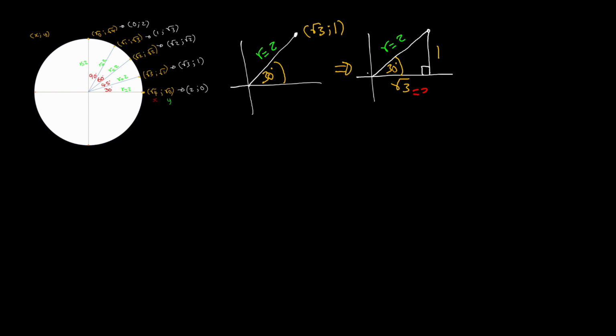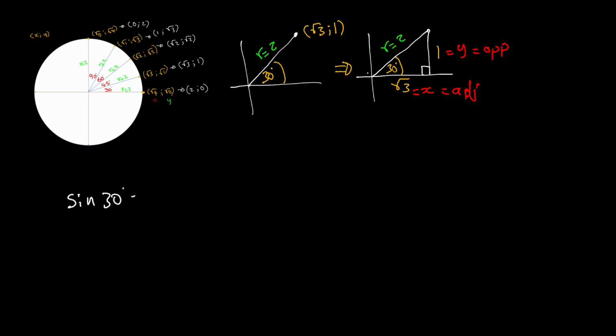Let's continue. So this will be our x and this will be our y, right? So this is the opposite and this is the adjacent. All right. Now, what do we know? We want to write the special angles and combine them with the trig ratios. So I'll start with sine 30 degrees.